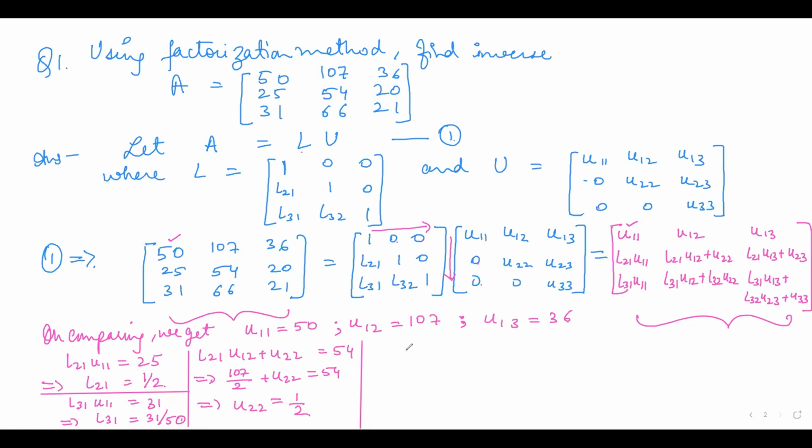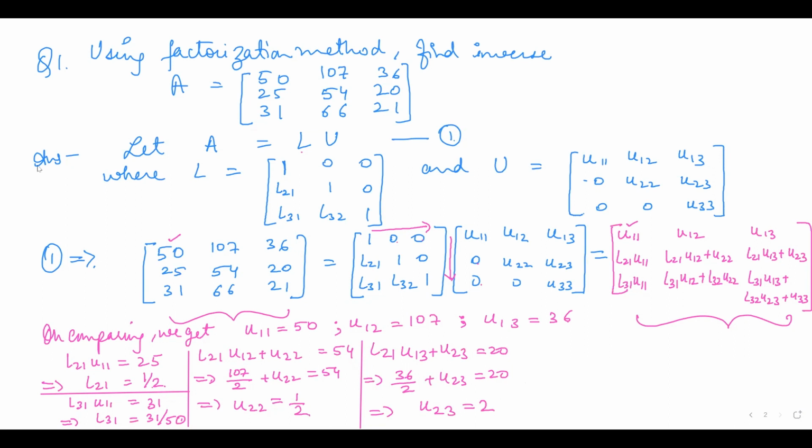Now, after this, the last value is equivalent to 20. So L21 U13 plus U23 is equal to 20. L21 I have already calculated, that is half, and U13 is 36. So 36 upon 2, that's 18, plus U23 is equal to 20. So I am getting 20 minus 18. So U23 is equal to 2.